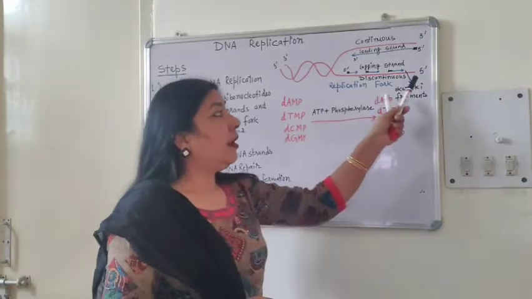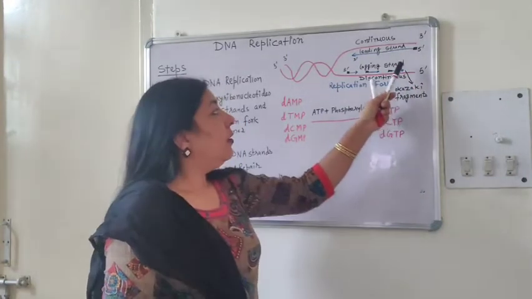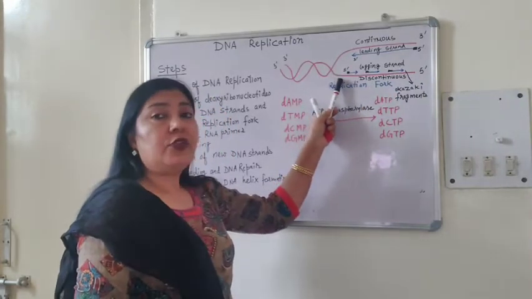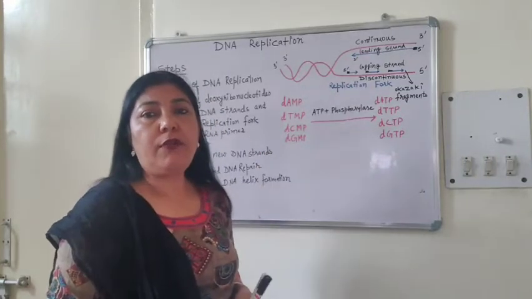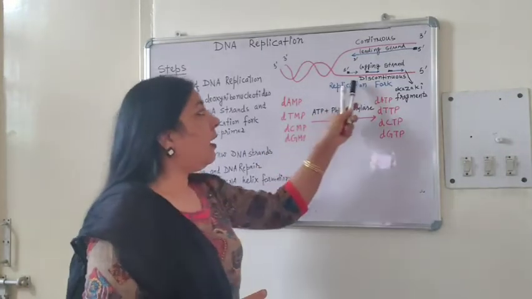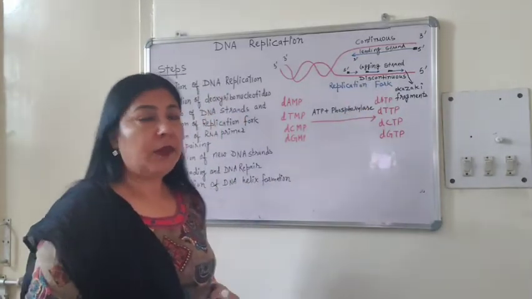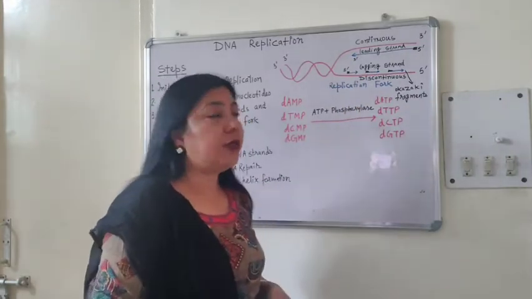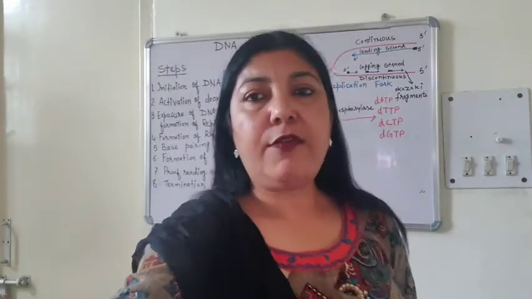Whereas the DNA strand showing the polarity 5' will show a very staggered formation of DNA, or you can say it is discontinuous synthesis of DNA strand, and the strands formed are called lagging strands, and these fragments are called Okazaki fragments.